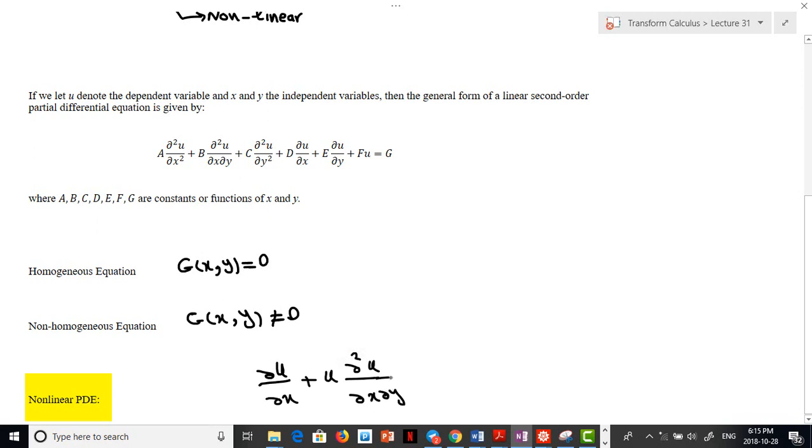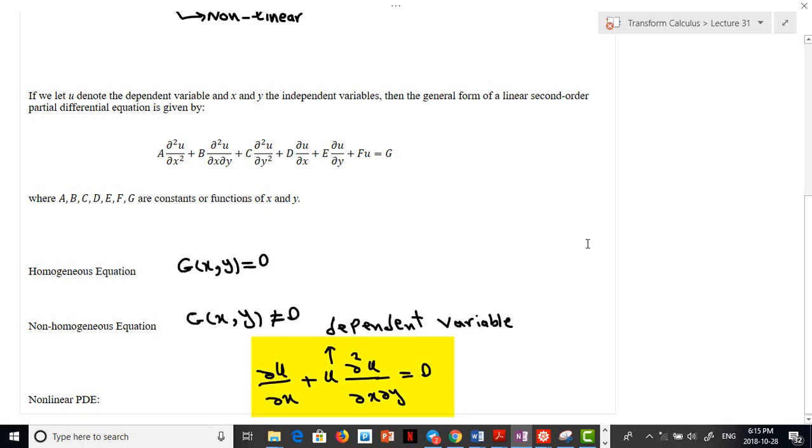It's just an example. Since here u is the dependent variable, as a result, this partial differential equation is nonlinear.